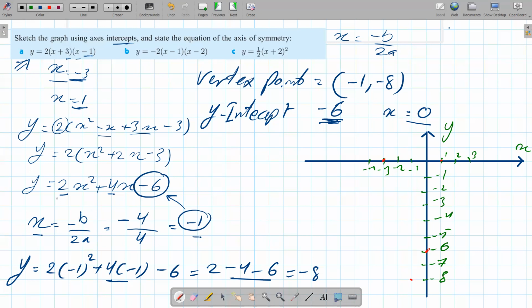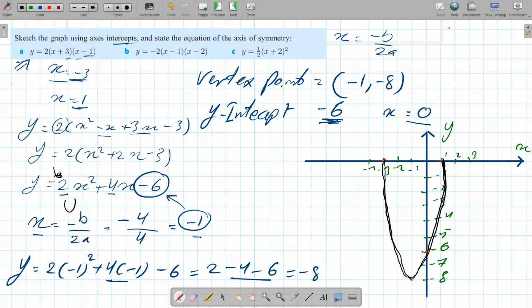And because the coefficient of x squared is positive, it should concave up, right? Simply, this is our quadratic equation. Got the idea? Is it difficult? A bit, yes.